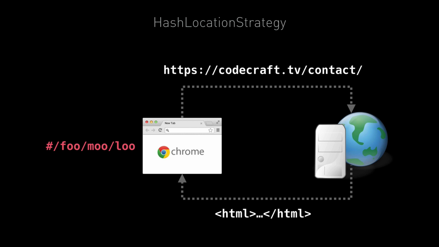The hash foo-moo-loo part of the URL is never ever sent to the server. If you were to look at your logs on the server, you would never see a reference to the hash foo-moo-loo. It's only for the browser.